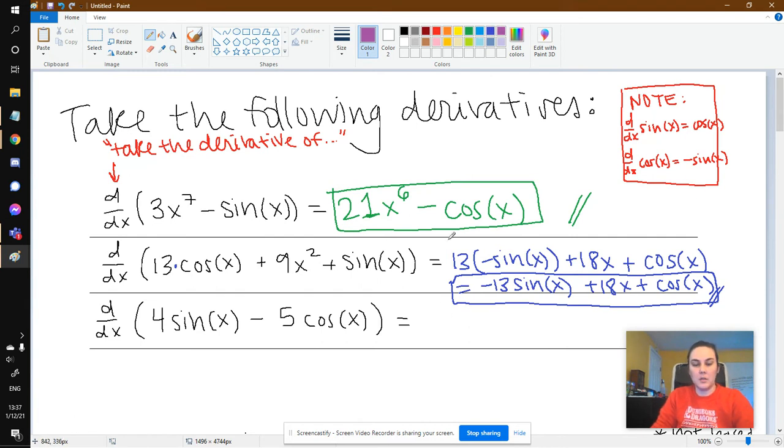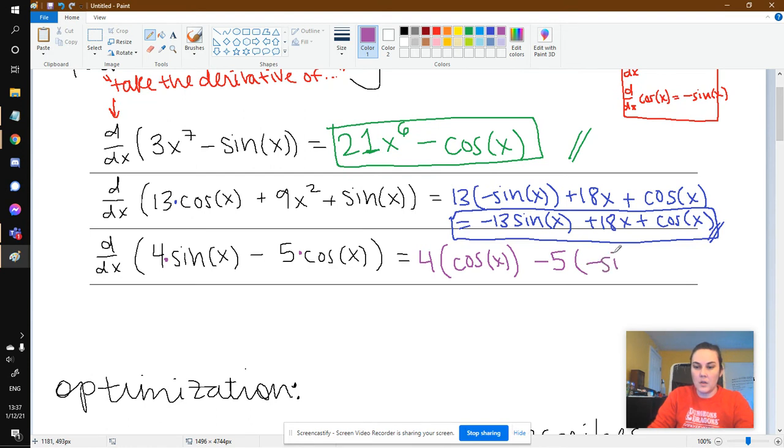And finally, for our examples, we've got what's the derivative of 4 times sine x minus 5 times cosine x. We've got coefficients, so we'll do 4 times the derivative of sine minus 5 times the derivative of cosine.